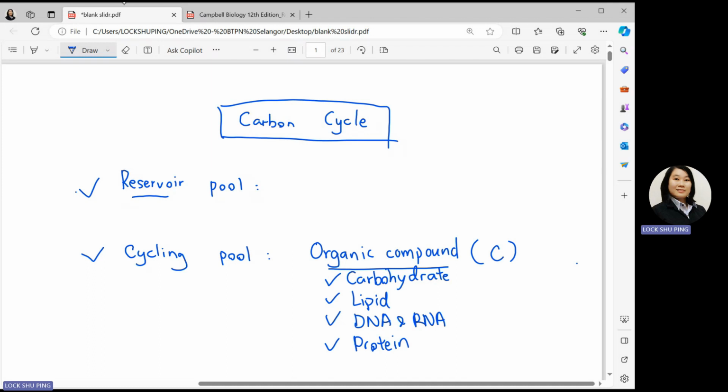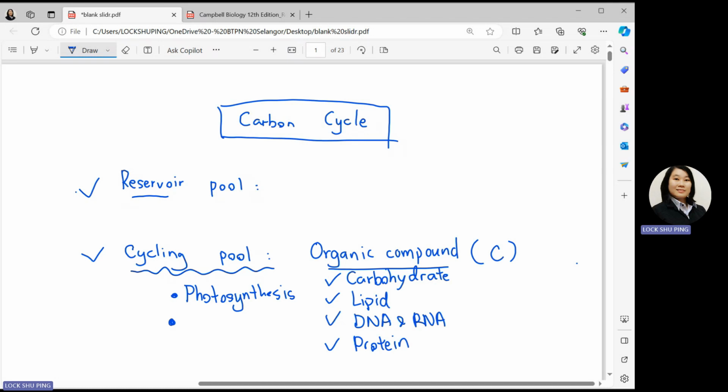So in order to form the cycling pool, one of the main processes that must be discussed is photosynthesis. Then the second process is from the producer to the consumer, or from consumer to consumer. Organic compounds can only be synthesized by the producer.